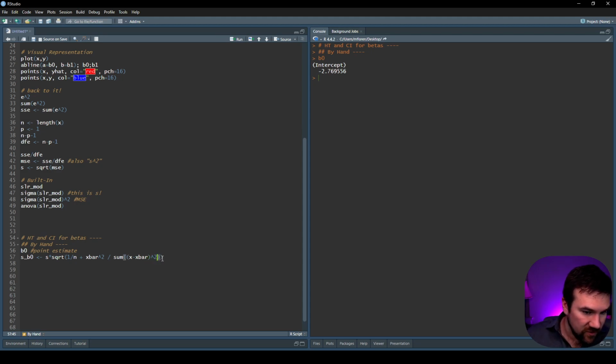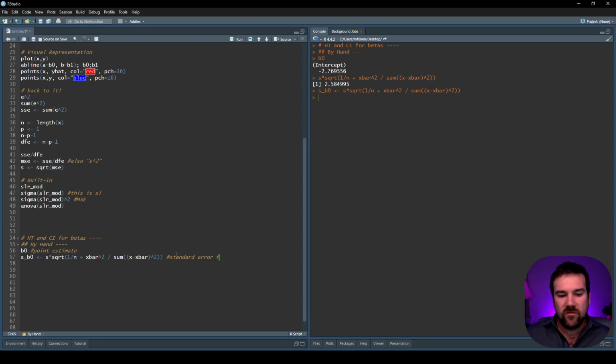And you'll note, be careful, I'm squaring and then taking the sum after I've squared, and then I'm wrapping up the square root. So that's my values there. I'm going to save all of that as my s sub b0, and this is my standard error for the intercept.